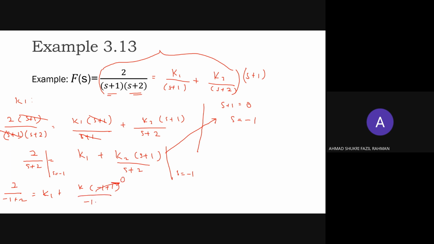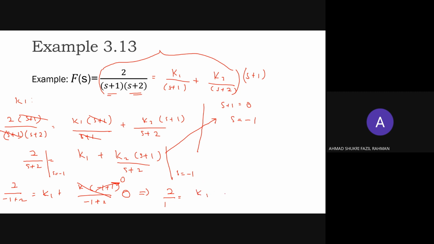So minus 1 plus 2, even though we still have a value, K multiplied by 0, 0 divided by 0, also 0. So the whole thing becomes 0. In the end, we only have 2 over 1 K.